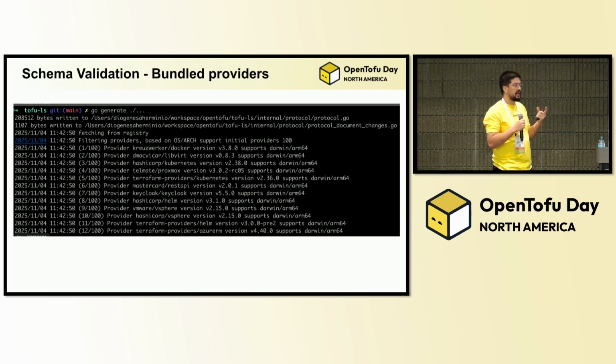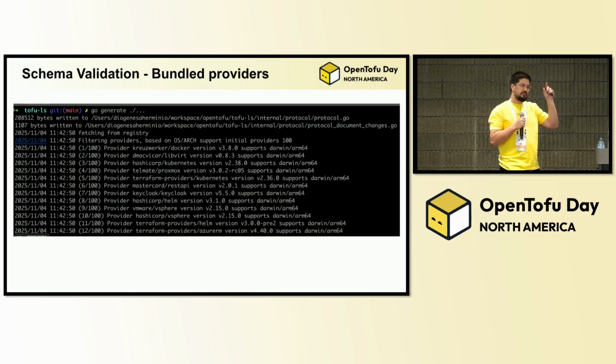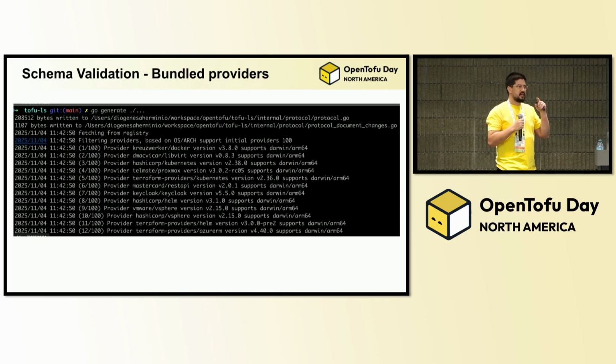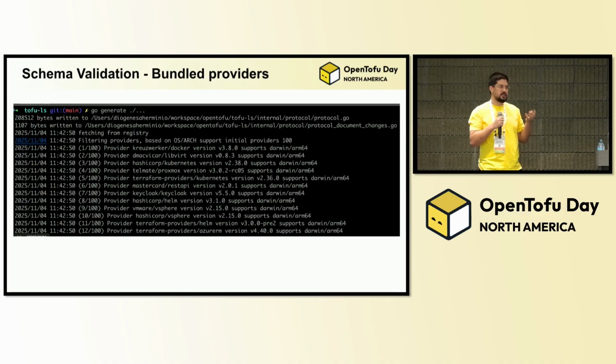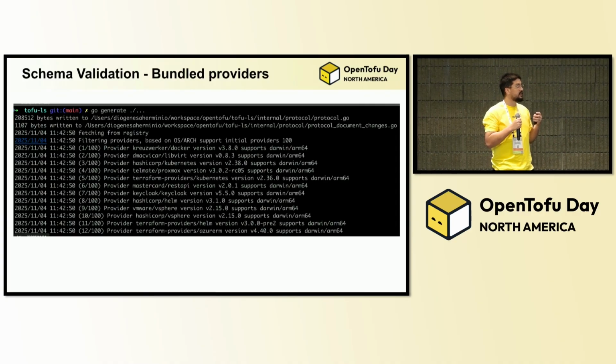We download that information. So tofu-ls creates a lot of different files with some basic configuration of OpenTofu, and we run tofu in each of them, and then we interact with the tofu binary by running a command called tofu providers schema JSON.